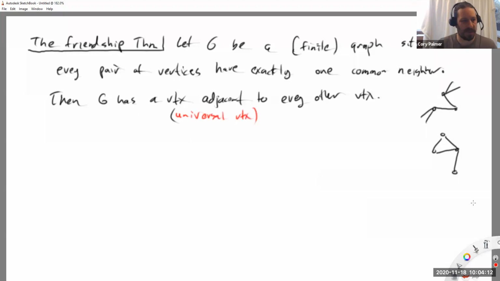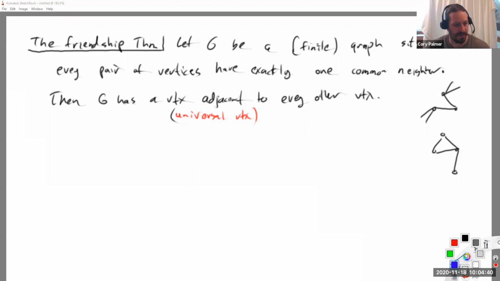So if you have this condition that every two vertices have exactly one common neighbor, then you have a vertex that's adjacent to every other vertex. I don't know precisely why you would call this the friendship theorem. Every two people have a common friend, then there's someone that's friends with everyone. Actually, that's kind of an interesting emergent property, right? Sort of a bit surprising.